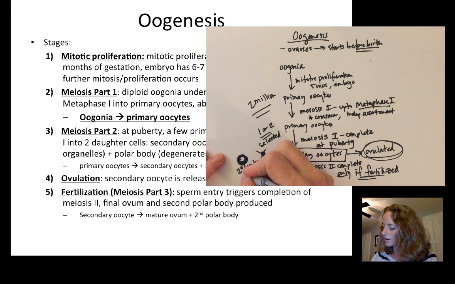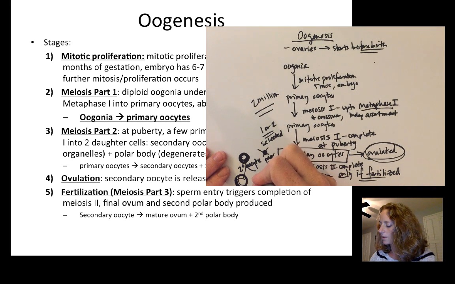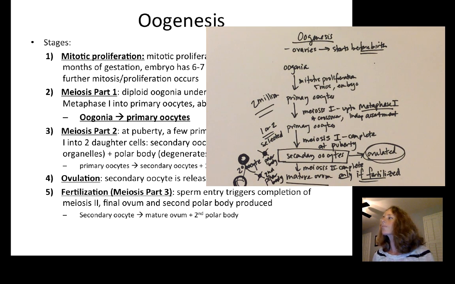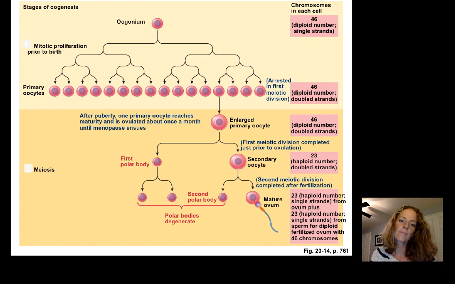The same thing will happen with meiosis II. You'll take this secondary oocyte and that will divide by meiosis II. One of them is going to hog all of the cytoplasm, and the second one will degrade into the second polar body. So here's the book diagram of that same process, where you have oogonia undergoing mitotic proliferation and arrested at metaphase I in the primary oocyte at birth.